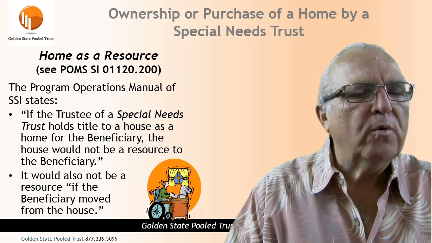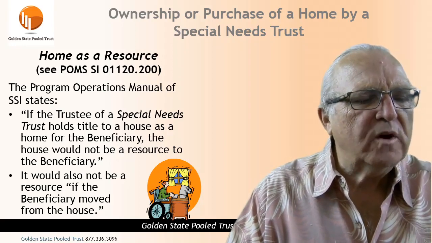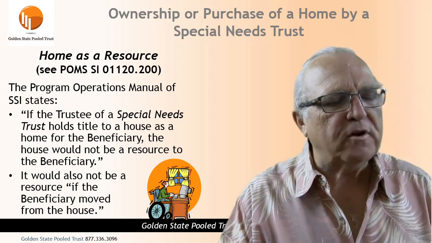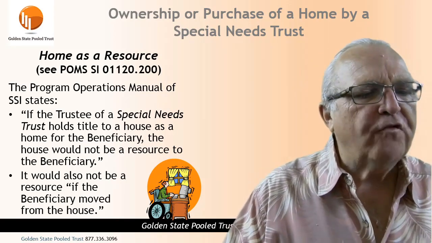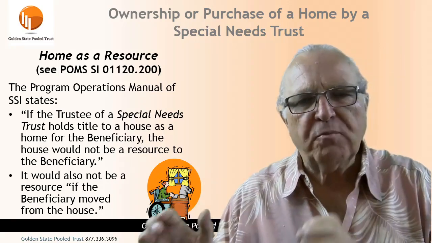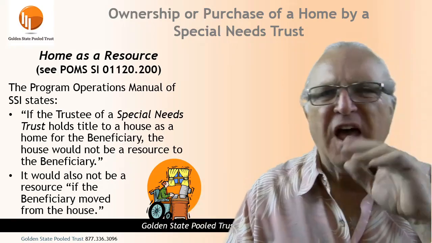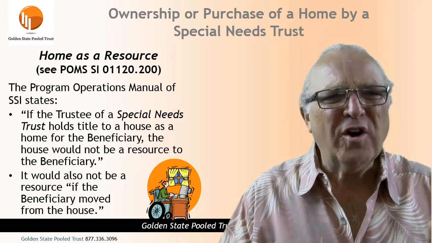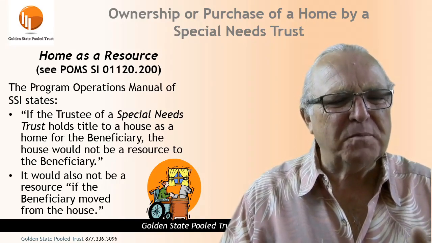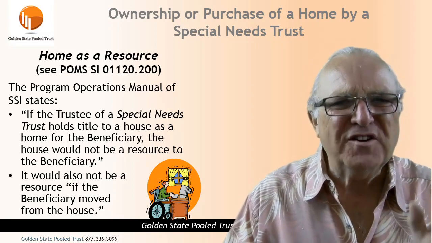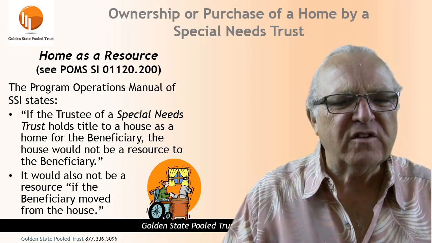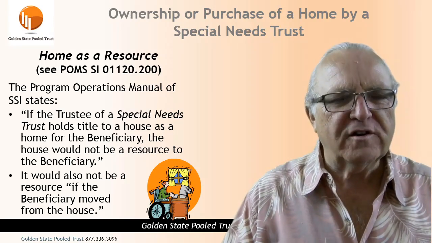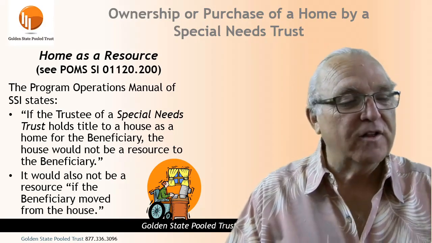So the last thing that I do want to go through here is an example of ownership of a house by a special needs trust. We're seeing this more and more because, working with families and persons with disabilities, this won't surprise you, the number one issue that we deal with, greater than anything else, is where will my loved one live, or where will I live, right?